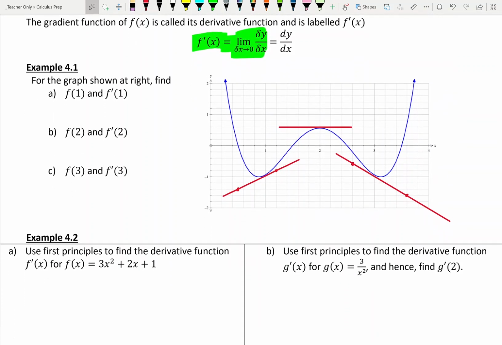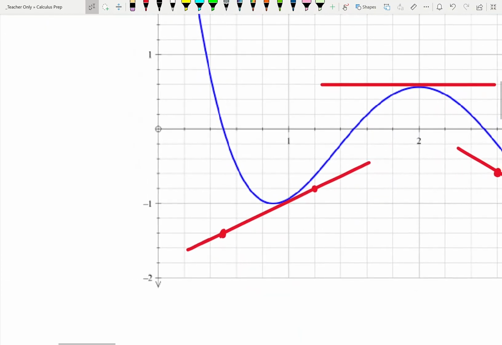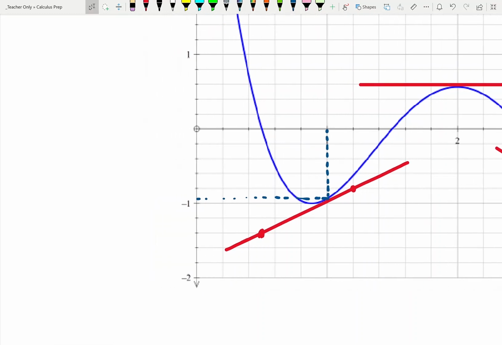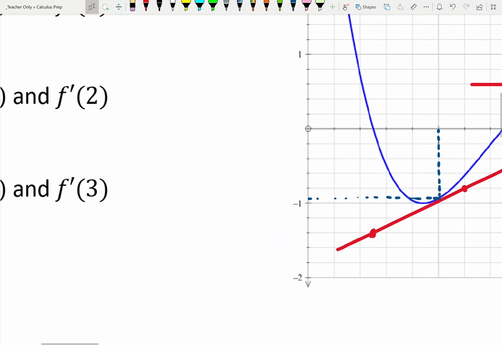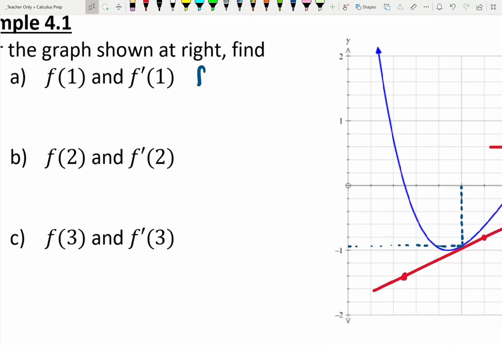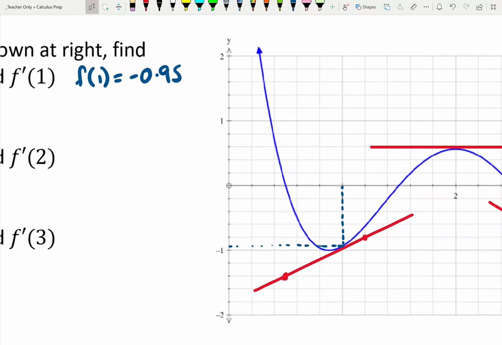Example 1 is asking you to find, from the graph, f of 1 and f dash of 1. So f of 1 is simply the value of the function when x equals 1. If you draw down and across, you can see that the value of the function there is approximately negative 0.95. So f of 1 is negative 0.95. f dash of 1 means the derivative at 1, or the slope of the tangent at 1. So we can draw a tangent and do rise over run.